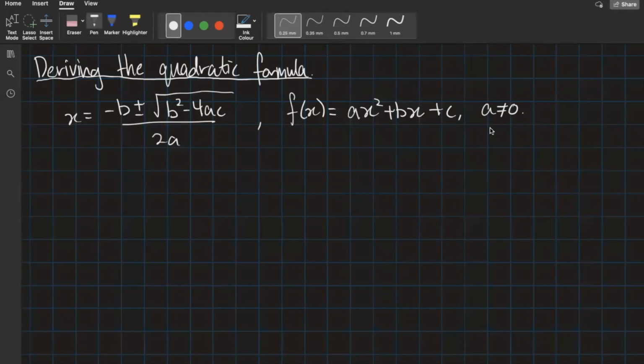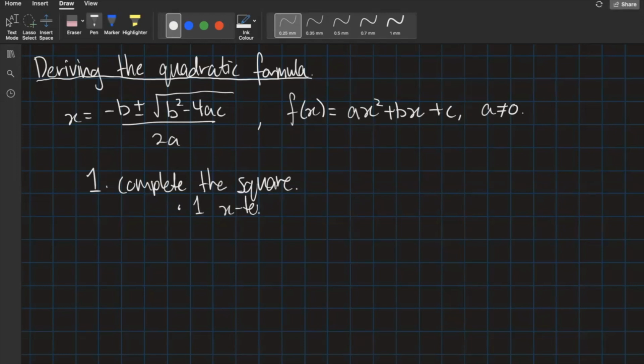So to derive the quadratic formula, it's actually a pretty simple two-step process, where the first step is completing the square. The reason that we complete the square is so that we end up with an expression which has one x term. And that's important for step 2, which is simply to isolate the x term.